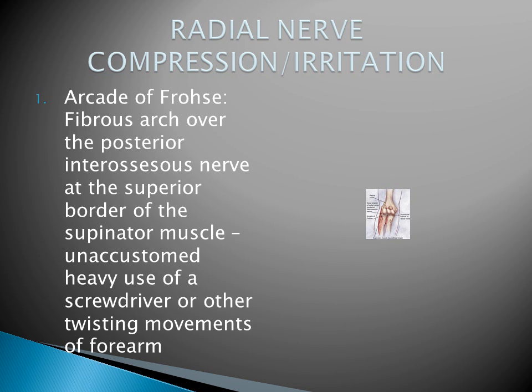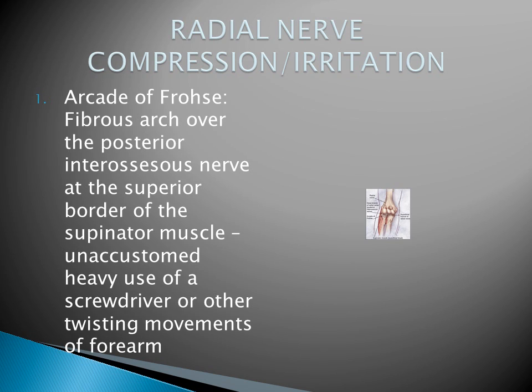The arcade of Frohse is a fibrous arch over the posterior interosseous nerve at the superior border of the supinator muscle, where the posterior interosseous nerve comes around the lateral posterior aspect of the humerus bone.